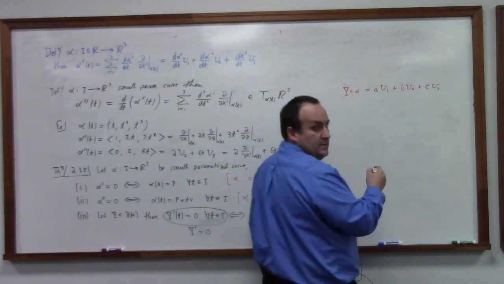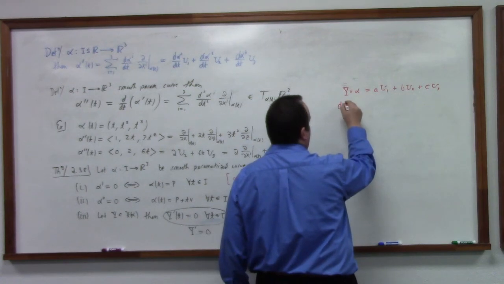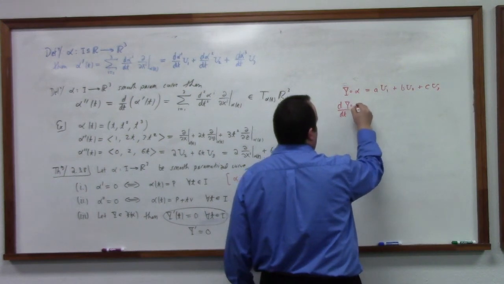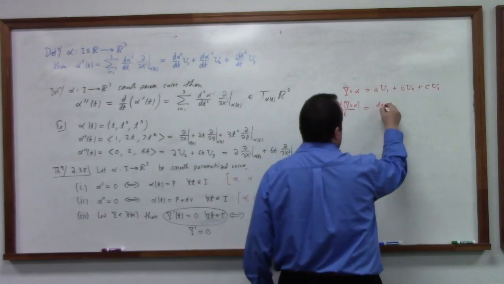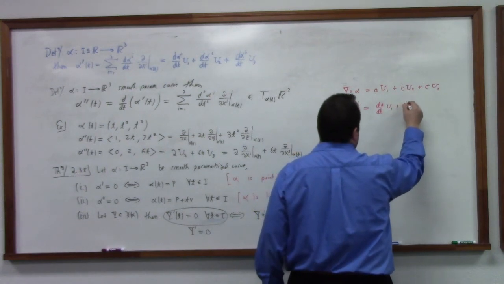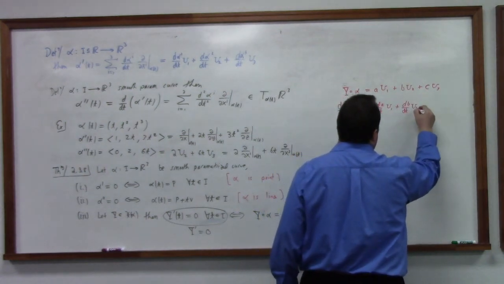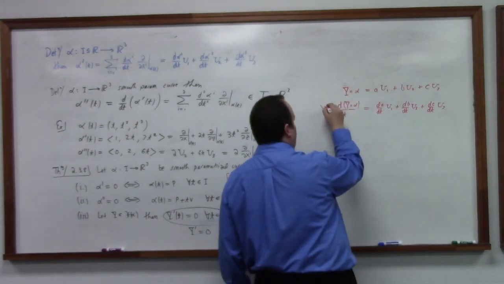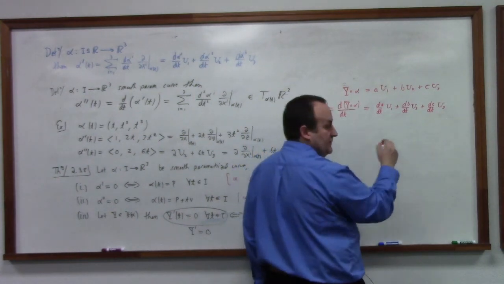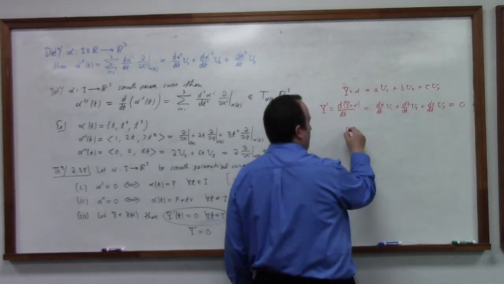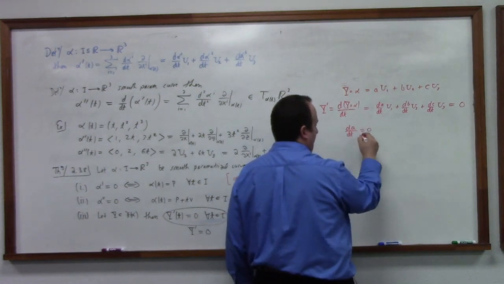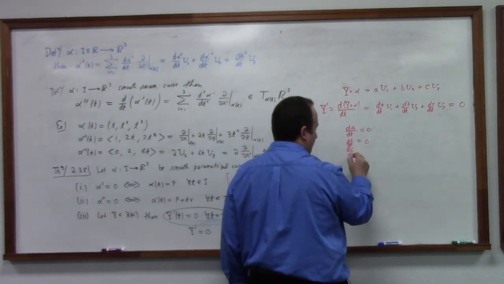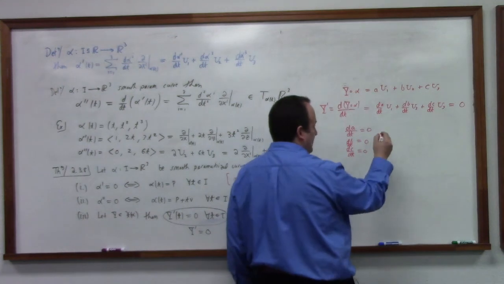Then dy/dt is equal to dA/dt, dB/dt, dC/dt. By definition this is y prime, so if this is equal to 0, what's that mean? It means dA/dt equals 0, dB/dt equals 0, dC/dt equals 0. But that implies what?